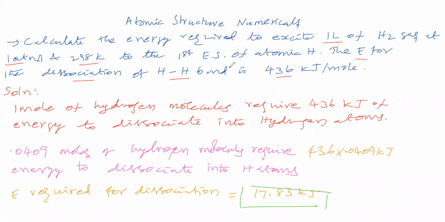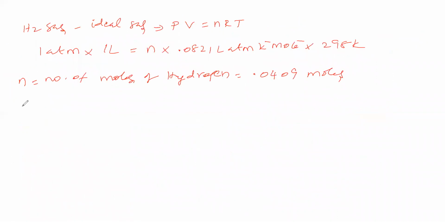Okay. Next we will see. Now they are asking the energy required to excite to where? To the first excited state of atomic hydrogen. So atomic hydrogen is going for excitation to the first excited state. Now we will see regarding excitation.